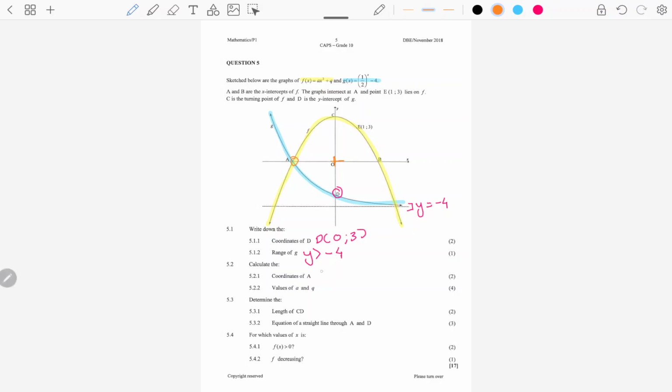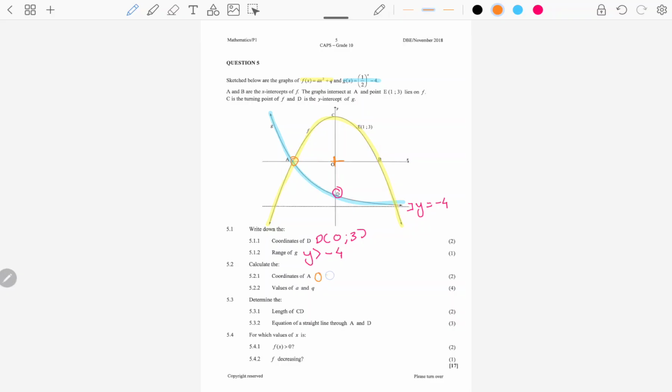So we can make f of x equal to 0. Since we don't have the full equation for f of x, we'll use g of x. So g of x will equal 0.